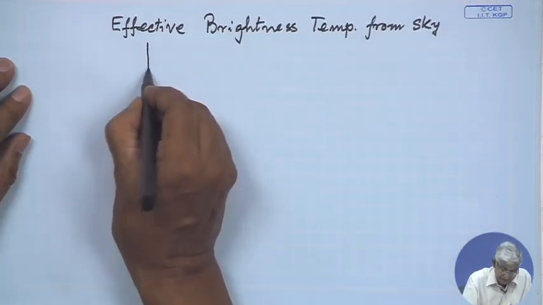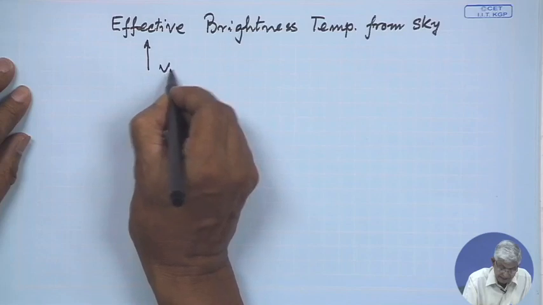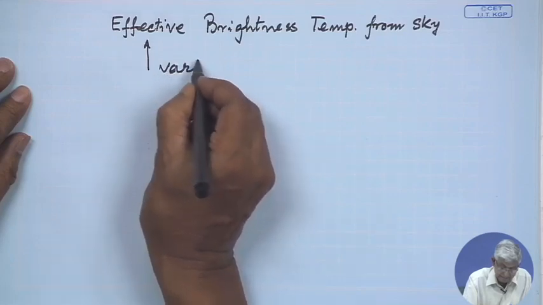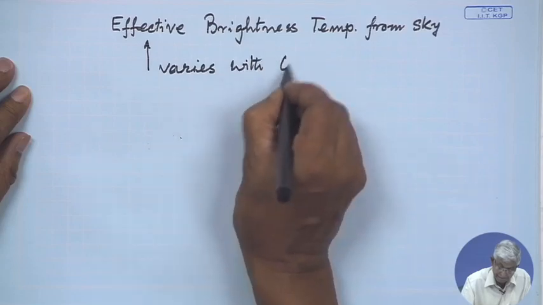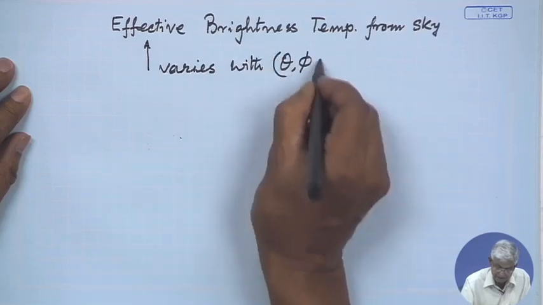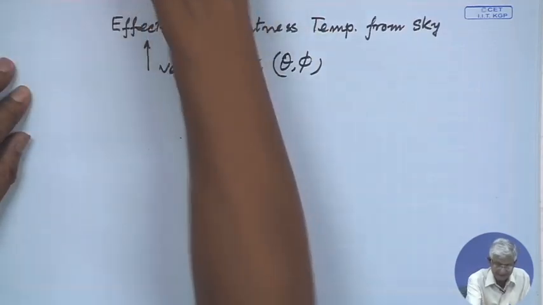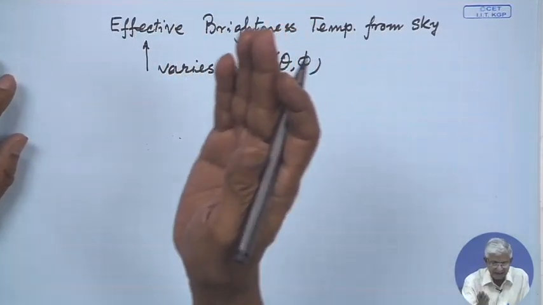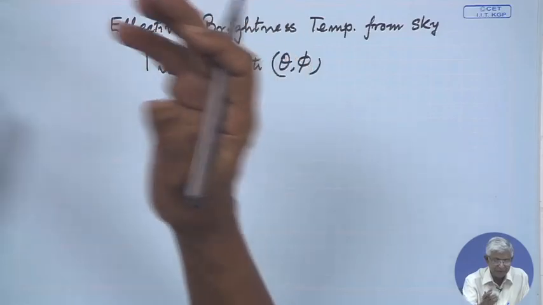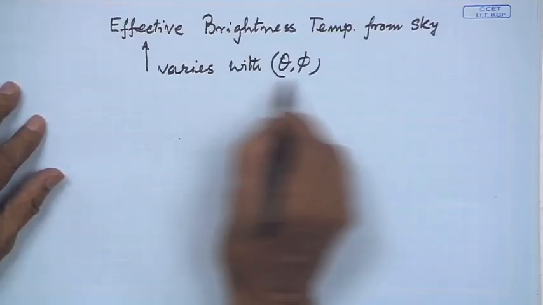This effective brightness temperature varies with theta, phi, etc. We have seen that it varies at different elevation angles. At different angles, the sun and moon may come, and some galactic stars may come at different times. So, it varies with theta and phi.